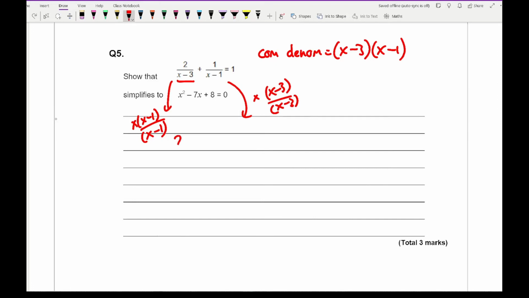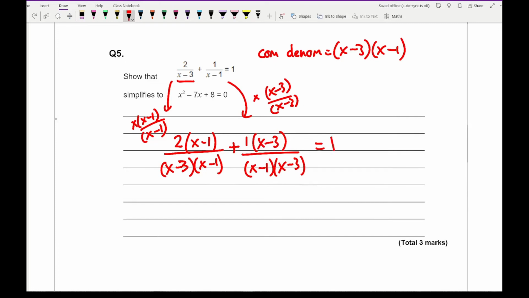So if I do that, I end up with 2x minus 1 over x minus 3 x minus 1 plus 1 times x minus 3 over x minus 1 x minus 3, and that all equals 1. So again, now our denominators are the same, we join the two numerators together.